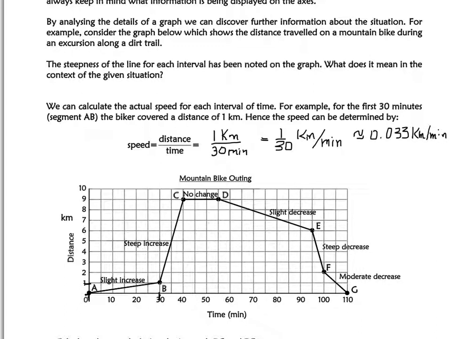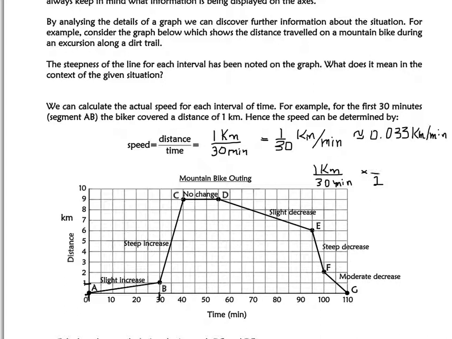Now if you wanted to, you could write 1 kilometer over 30 minutes in kilometers per hour, and this one is pretty easy to change. We will learn how to use conversion factors to change units later in the course, but right now this one is not too hard to show you. If you multiply 30 minutes by 2, you get 60 minutes, which is an hour.